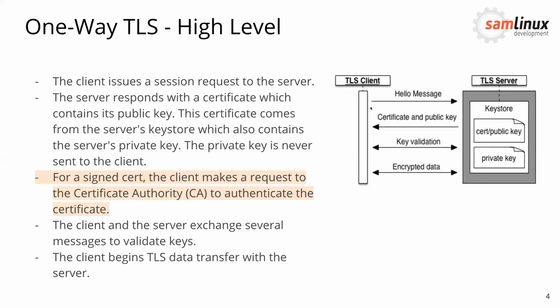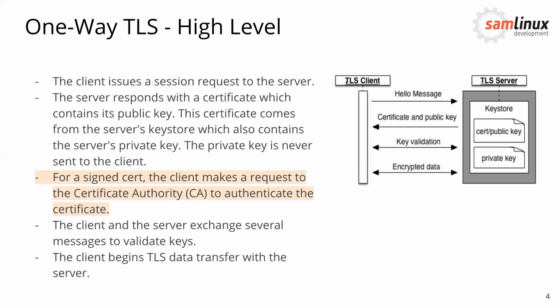That's the same process as we can see in the browser when we use the HTTPS protocol. Here you can see in high level how this works. It's a little bit more complicated than in the picture, but I think we can understand the main difference between one-way and two-way TLS.